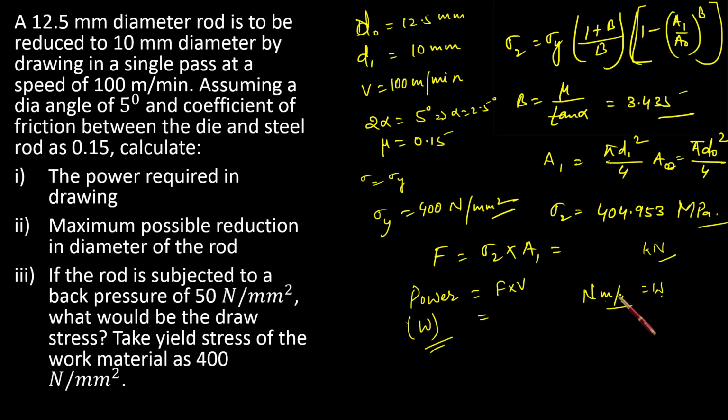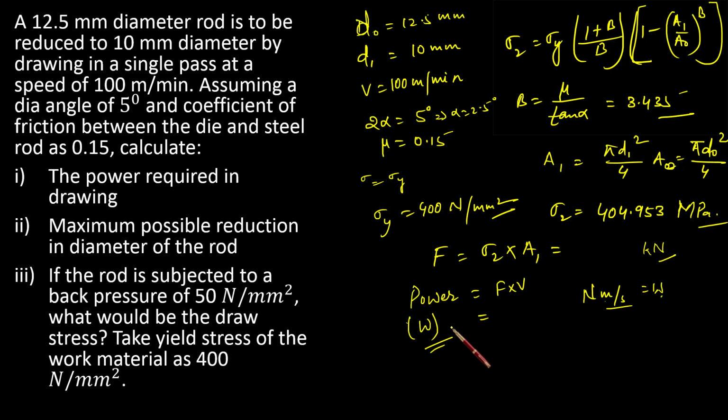Just take care of this. Velocity has to be in meter per second, so this meter per minute, just divide it by 60. Force should be converted into Newton, don't keep it in kilonewton, and then you will get the power in watt. Now you can convert it into kilowatt, megawatt, whatever it is.